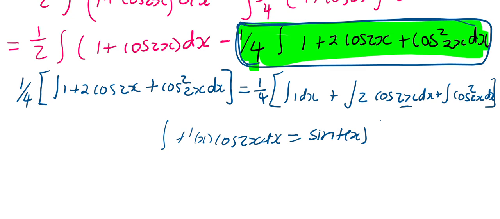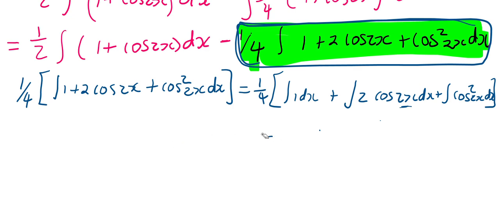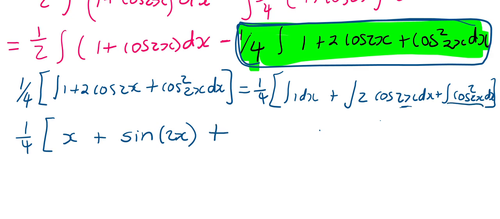Now the third one, it's where we then have to use the identity. But let's write and then we come back. So this will be 1 over 4. We said this will be x, right? Plus sine of 2x, right? Plus, now let's focus on this one.